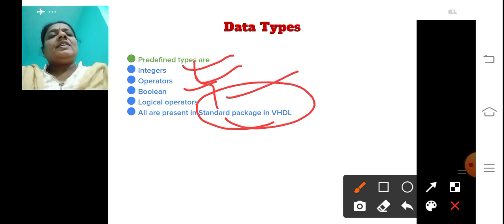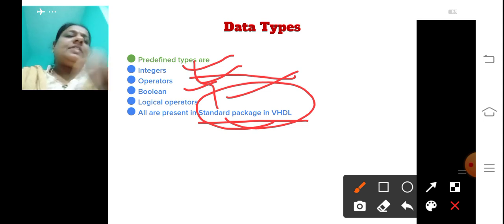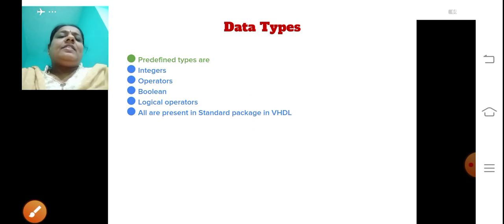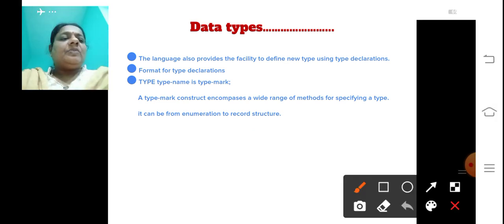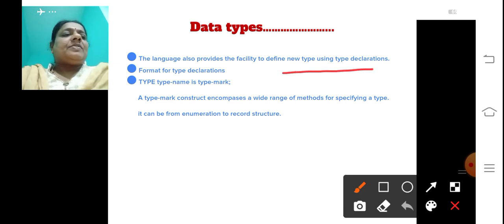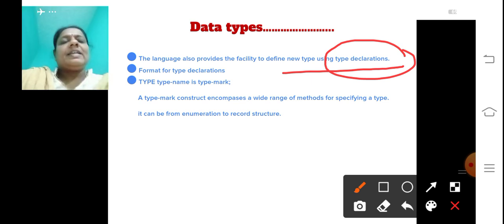We have studied all the operators, and those operators are also present in the standard package, and integers are also present in the standard package. Other than this, the language allows you to create new data types using the type declaration. VHDL lets you create your own data type using the type declaration.